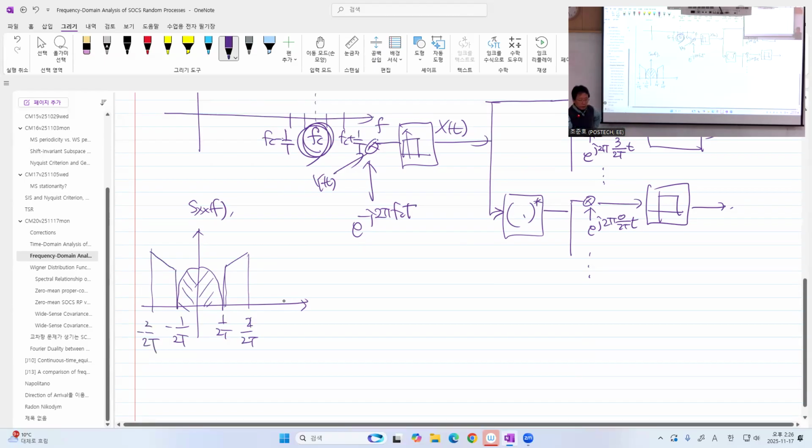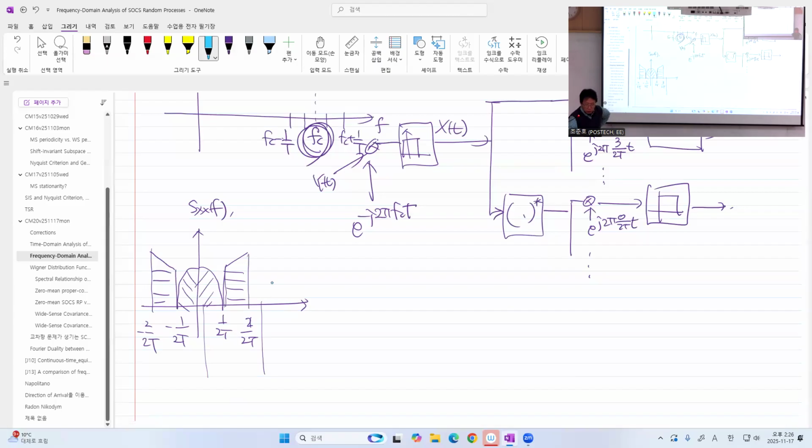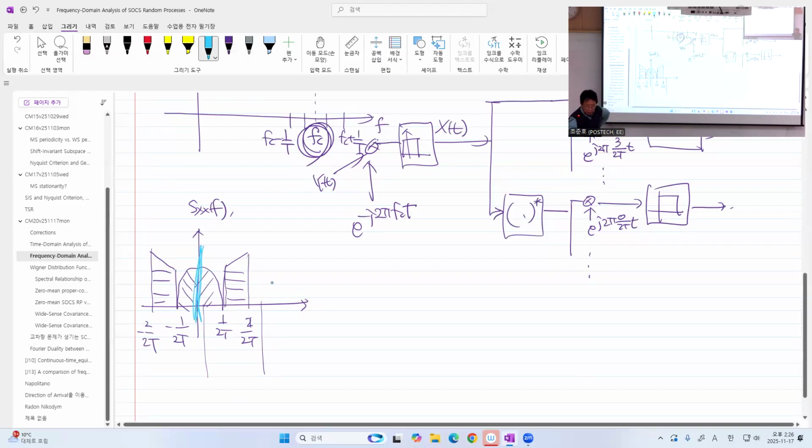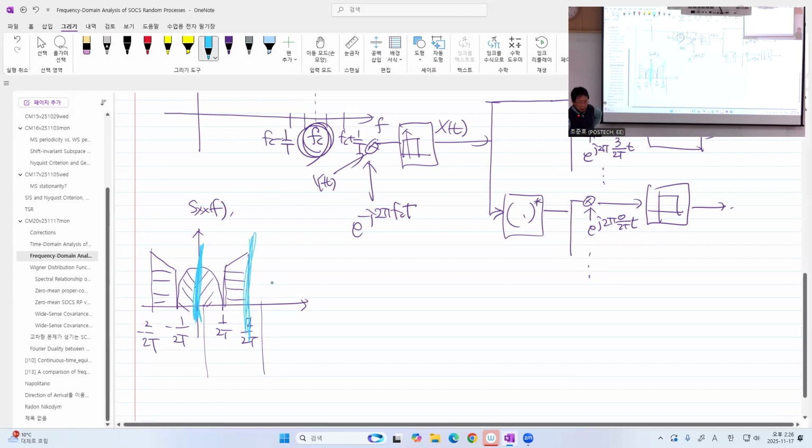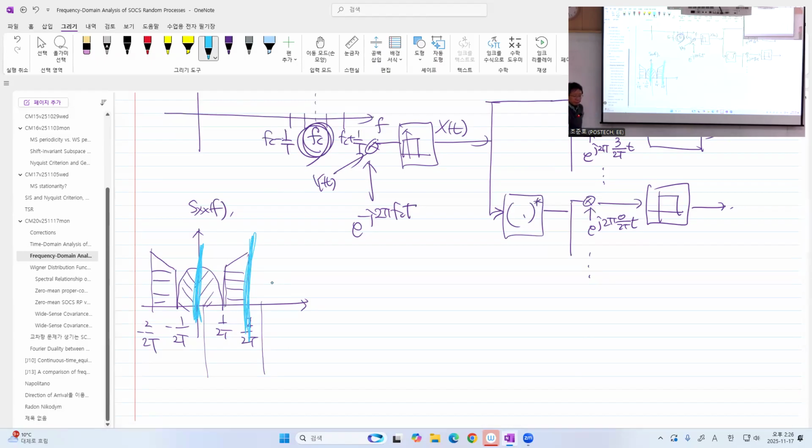So you have conjugate symmetrical correlation and also periodic correlation. But interestingly, you can choose this as the point of symmetry and also that as the point of symmetry. Am I correct?